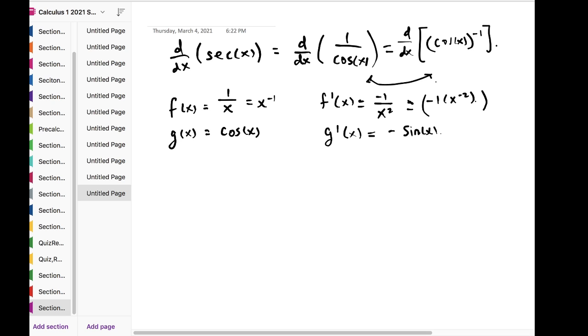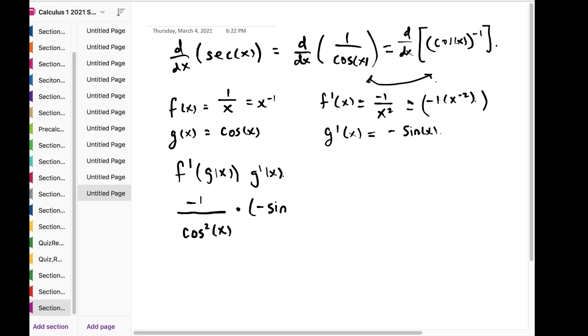So we put it all together. f prime is -1 over x squared, so it's -1, and instead of x, I put in g of x, cosine squared, multiplied by negative sine. So this is sine over cosine squared, and we know that's secant tangent. Okay, questions about that?